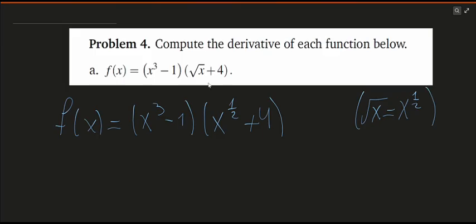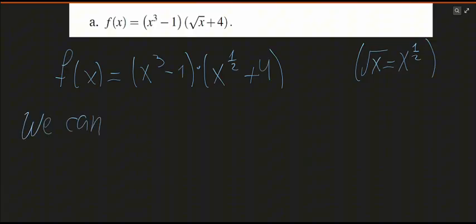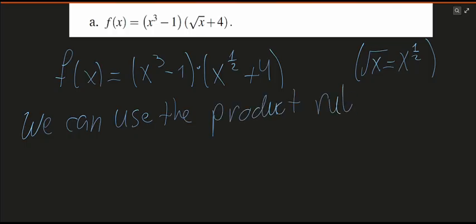Good. Now, how do we actually compute this? Well, in this case, we got a product, because right here we can see a product. This is a product of two functions. So we might as well use the product rule. F prime of x, let me remind you of what the product rule actually says.